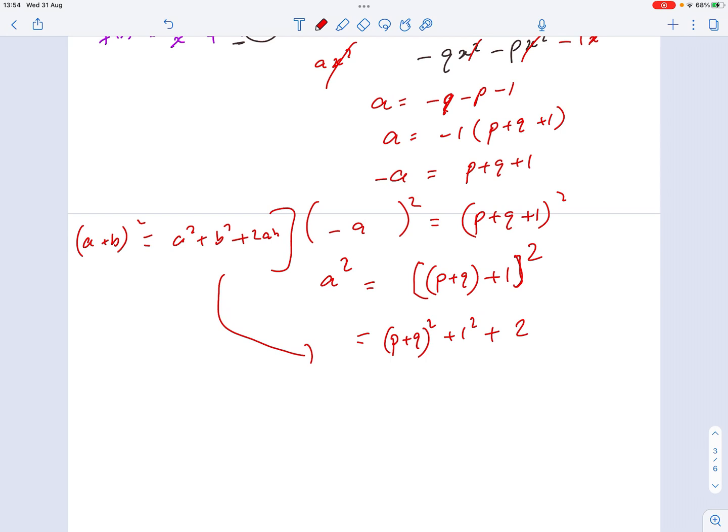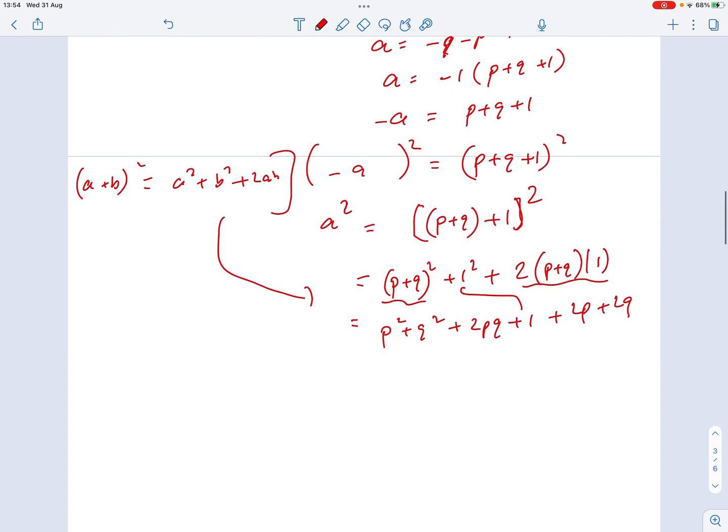And then that will be another plus 2 times p plus q plus 1. Expanding it, this one again, p squared plus q squared plus 1. So we need to do the 2 times pq, bring that 1, plus 2p plus 2q when you expand that.